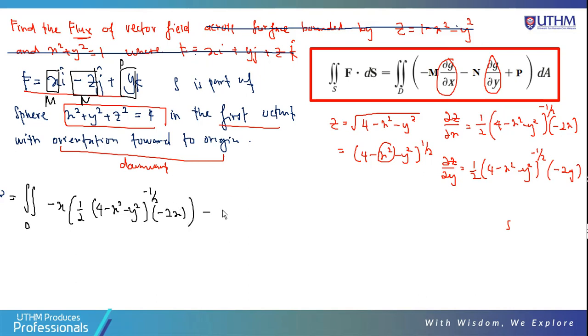So minus n, negative z, negative z. Then you put in negative z. Then you put in here the same as this, put in 1/2, 4 minus x square minus y square, 1/2, negative 1/2 minus 2y. Okay, so plus p is the y. Okay, settle.